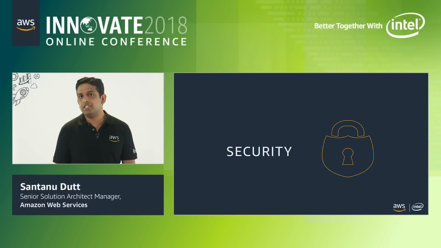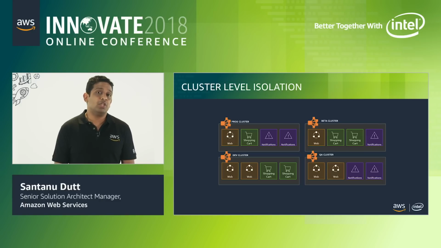Let's talk about the other security aspects. We will start with the level of isolation and how you could think about it when planning your clusters at the beginning. You can continue to use the notion of a cluster when using Fargate with ECS. With Fargate, even though there are no EC2 instances to run, a cluster is an entity to provide logical isolation of that namespace.